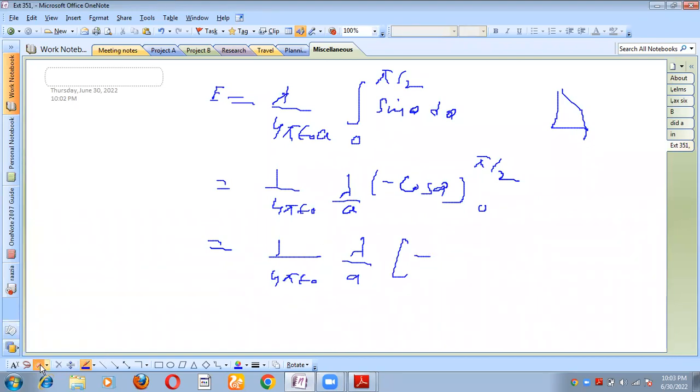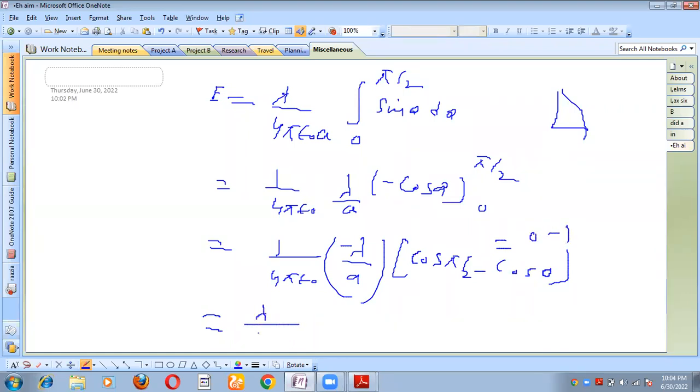It will be cos pi by 2 minus cos 0. Cos pi by 2 is 0, minus 1. So it will come as lambda by 4 pi epsilon naught A. Everyone got this? How we have calculated lambda by 4 pi epsilon naught A? Yes, sir.